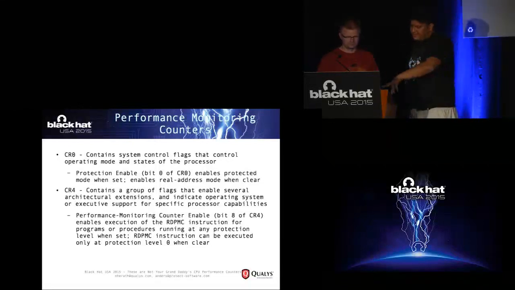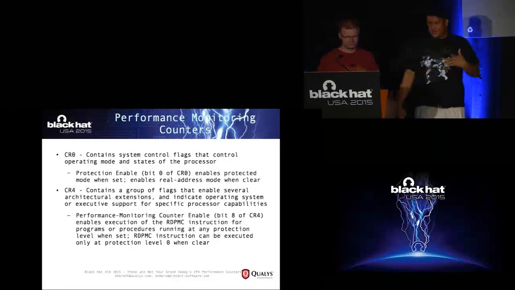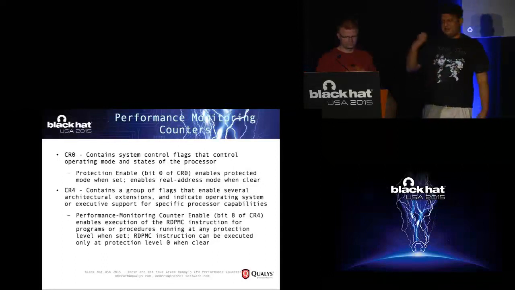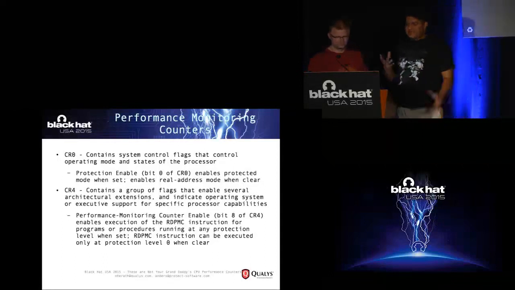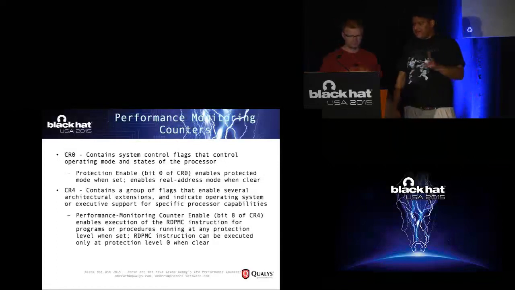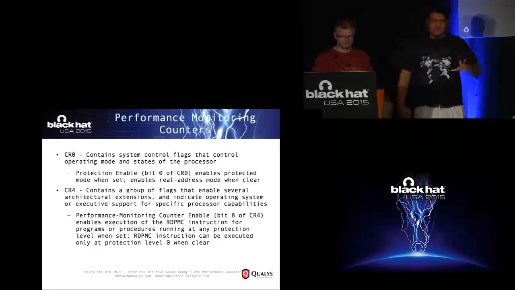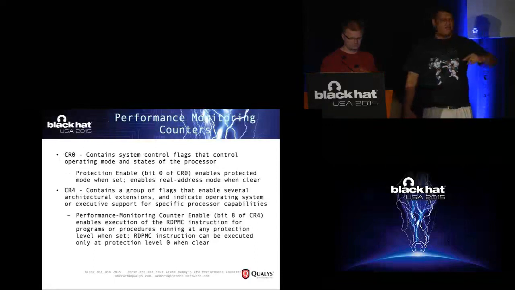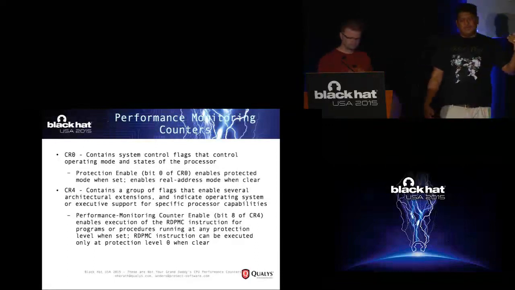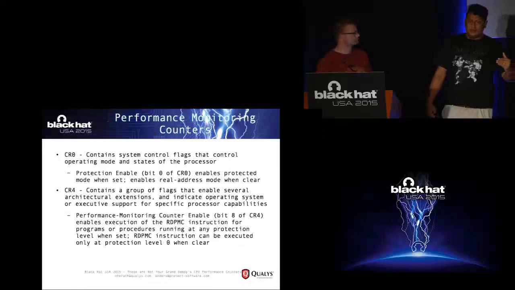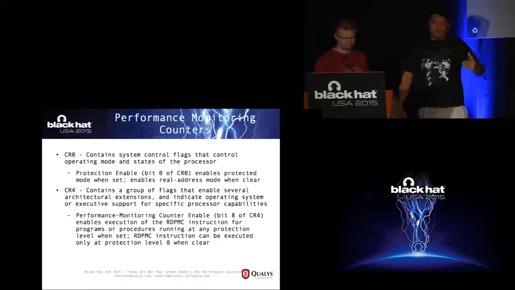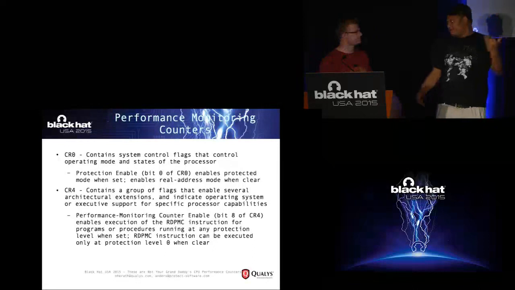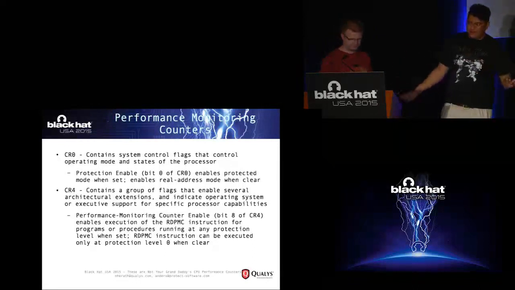And in protected mode, the CR4 contains the bits to enable the performance monitoring events. So bit 8 of the CR4 enables the RDPMC instruction, and this means that this instruction is available at any protection level. You can change this bit, and you can make it such that if it is used at an unprivileged level, say from anything under CPL 0, you will get a fault, and that can be tracked to see if RDPMC was used by unprivileged software.